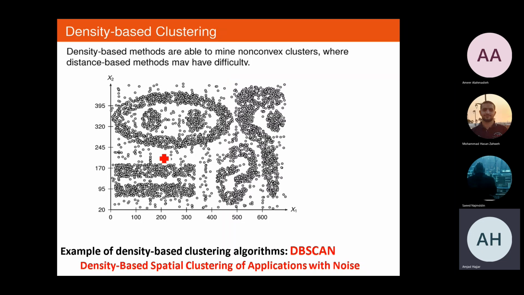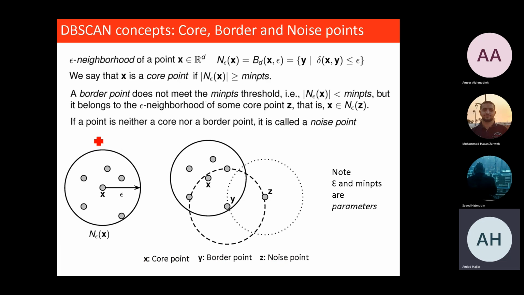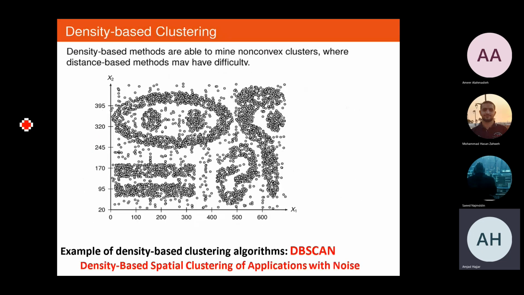An example of density-based clustering algorithms is DBSCAN, which stands for density-based spatial clustering of applications with noise. It has the ability to detect density regions and clusters, shapes that are dense, and also regions that are just noise.